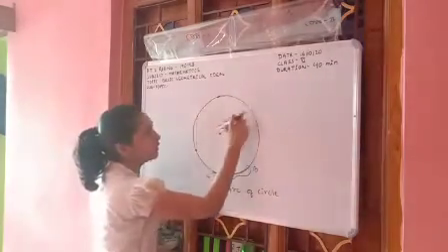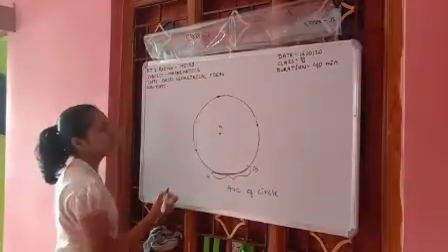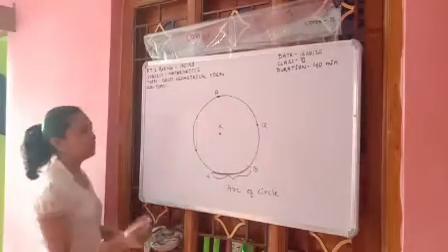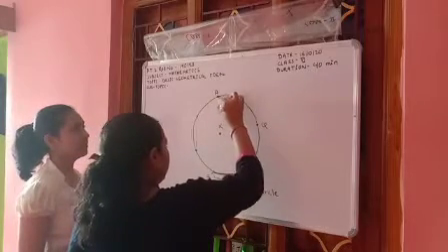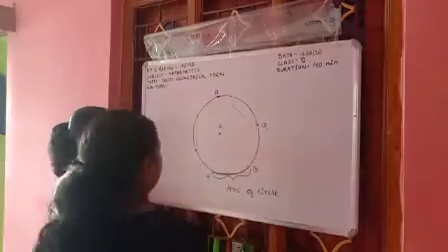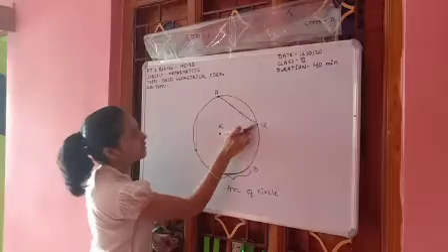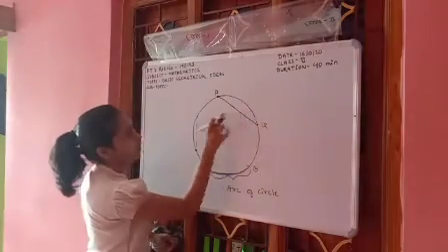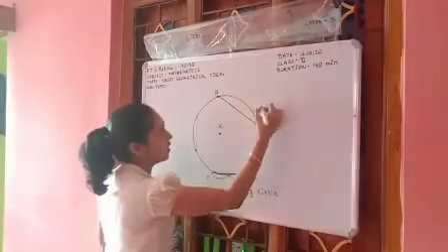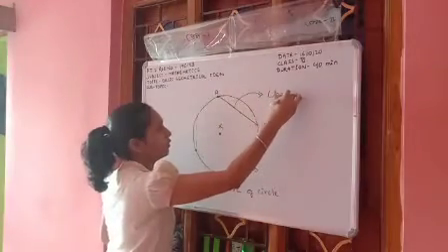Come here and do it here. These are the points P, Q. Join the line segment. Yes, good. See, this is a line segment. The line segment joining 2 points on the circle is known as a chord.